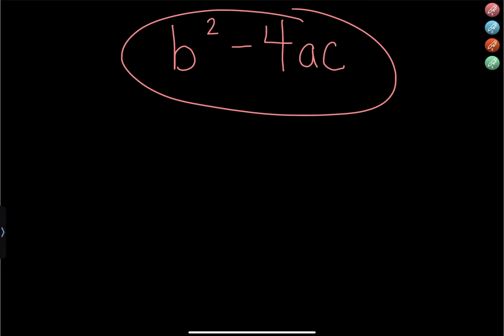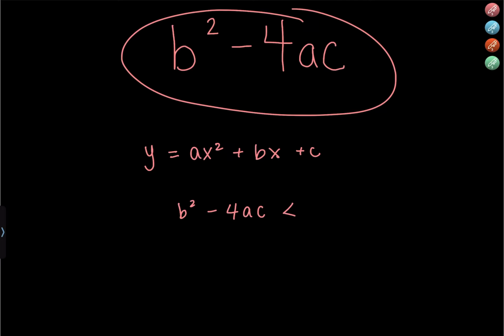So that's b squared minus 4ac, and it comes from when your function is in the form of y equals ax squared plus bx plus c. So that's your quadratic function, right? So when you have b squared minus 4ac is less than 0, so if it's negative, then you have no solutions.